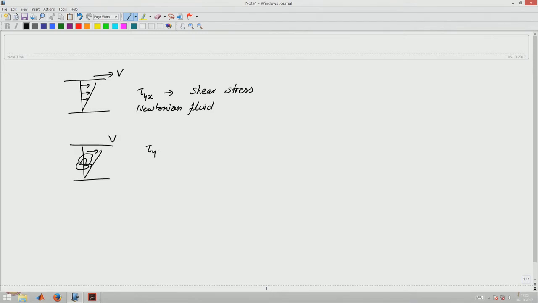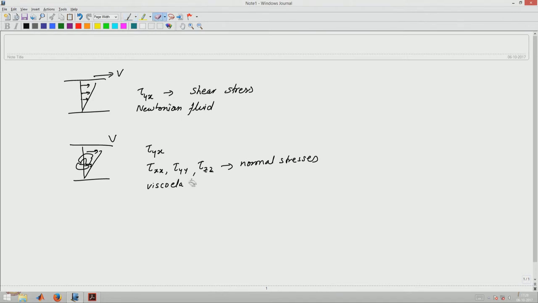We will of course have tau yx, which is the shear stress, but we will also have tau xx, tau yy and tau zz as the normal stresses. And this is in case of viscoelastic materials such as polymer solution.